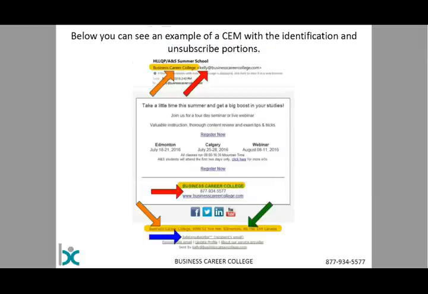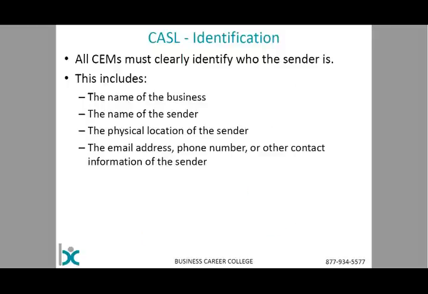This is a sample of a commercial electronic message that we from Business Career College might send. I've highlighted 3 parts on this message where you can see the name Business Career College. This is how we are identifying the name of the business who's sending the commercial electronic message. The next thing that you want to identify is the name and identity of the sender of the message.